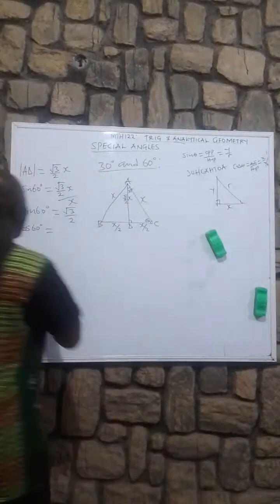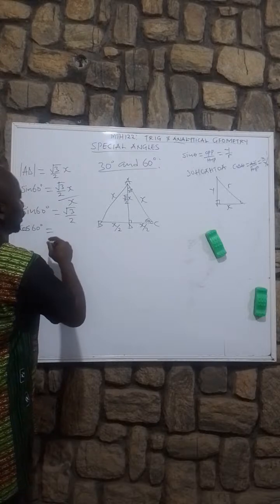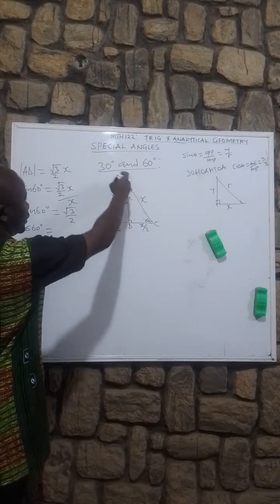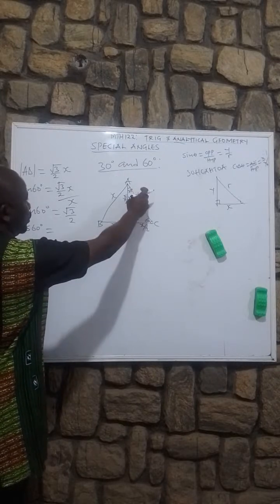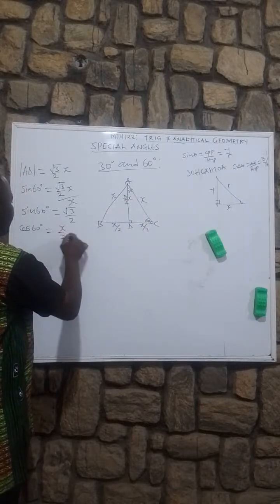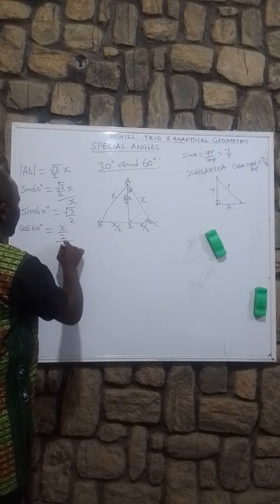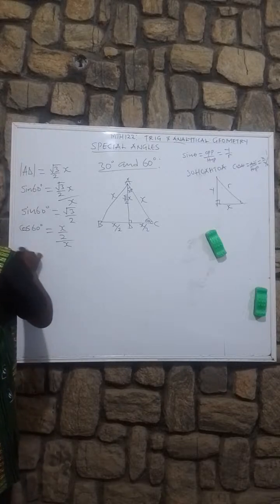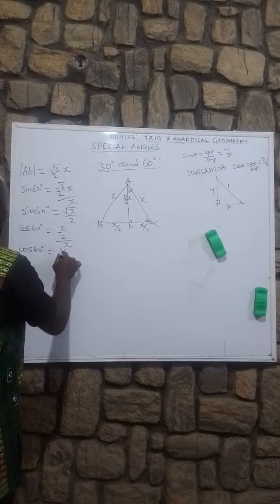Okay, so cos 60 degree is equal to, look at it, this is adjacent. This is x all over 2 all over hypotenuse is x, right? So x all over 2 divided by x. True or false? So our cos 60 degree is equal to 1 all over 2.